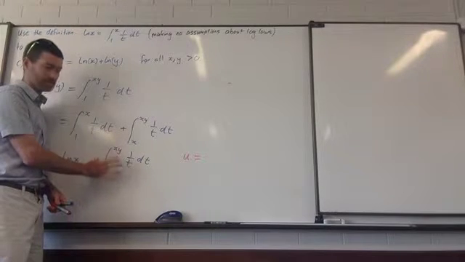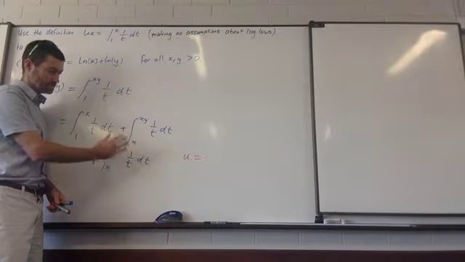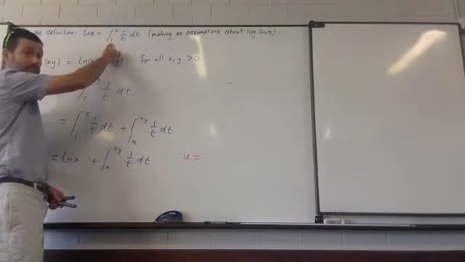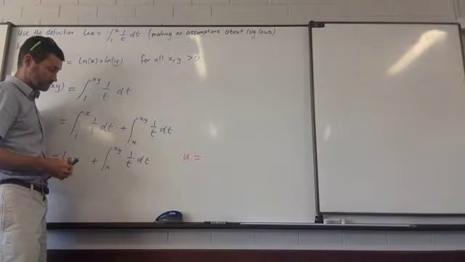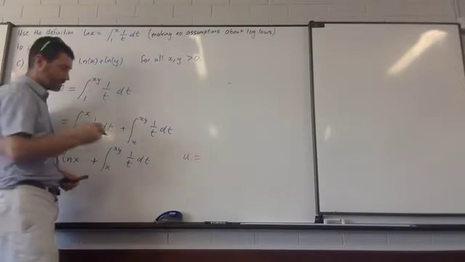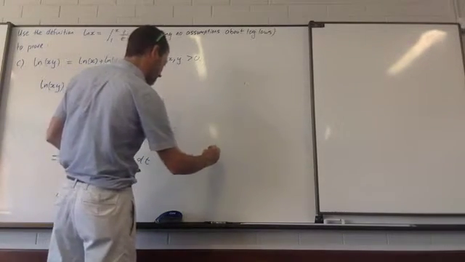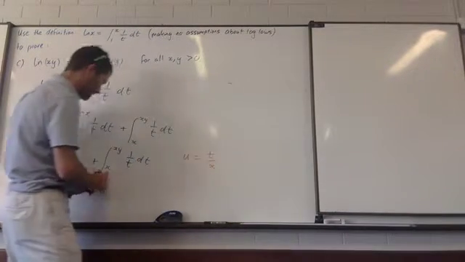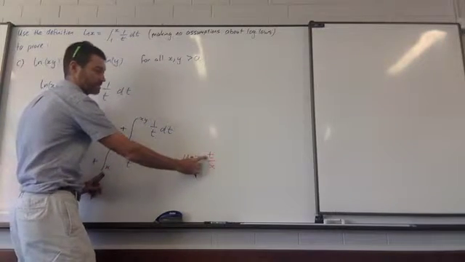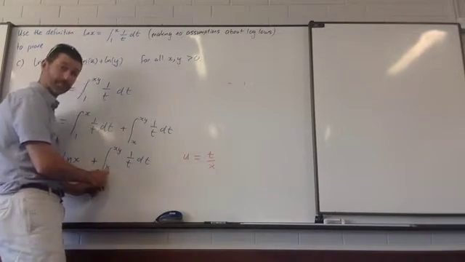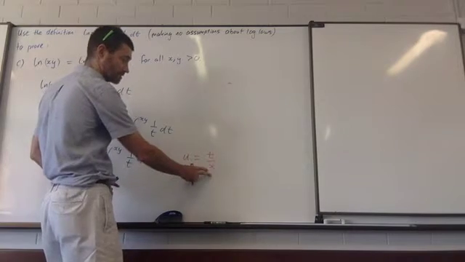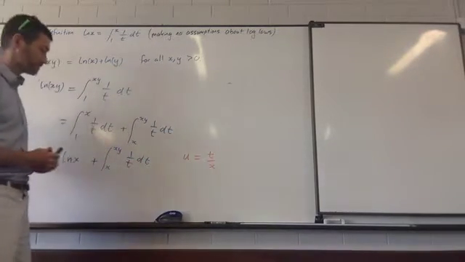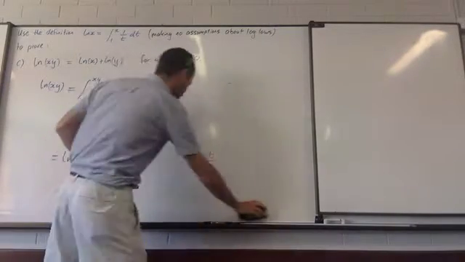When we change the variable from t to u, we want it to generate a 1 here, so it agrees with our definition up here. If we make u equal to t over x, when t is equal to x, we get x over x is equal to 1, which is what we want. That's the substitution we go with, and we're hoping the top part falls out nicely as well.